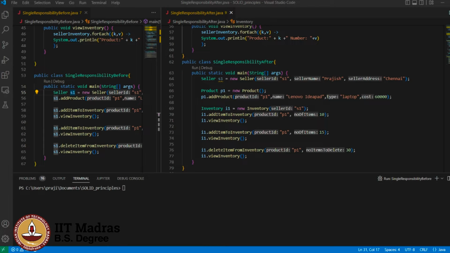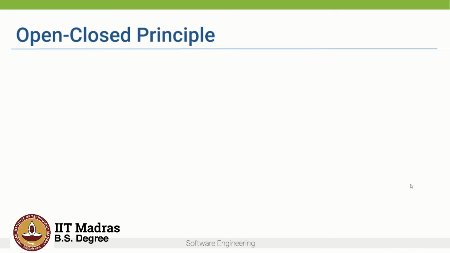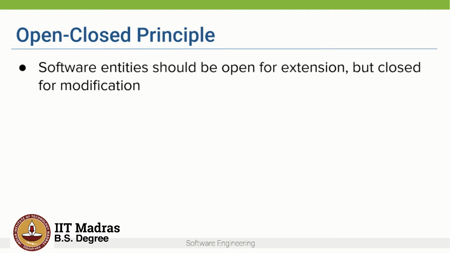Now that we have seen the single responsibility principle, let's look at the next principle, which is the open-close principle. According to the open-close principle, software entities should be open for extension, but closed for modification.